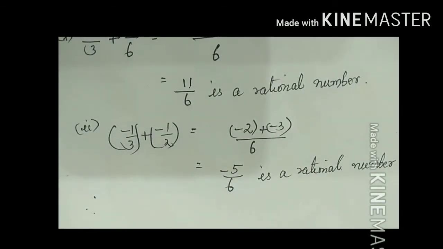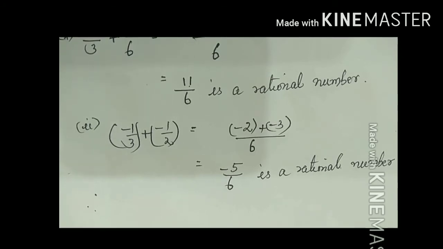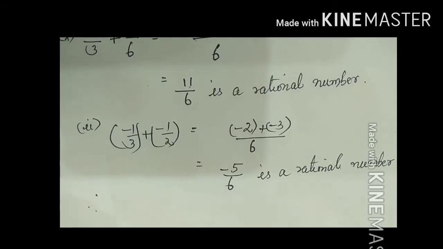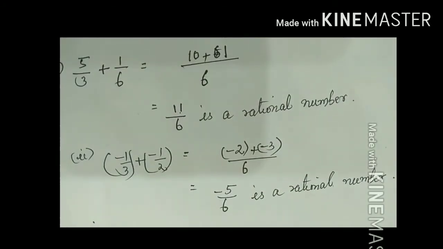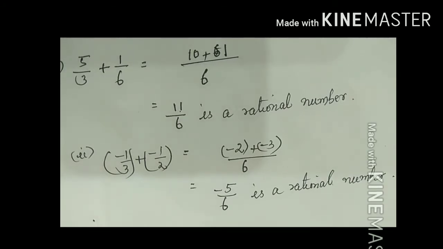Therefore, we can say that for any two rational numbers P by Q and R by S, their sum, which is P by Q plus R by S, will also be a rational number. So we can conclude that the operation of addition on the set of rational numbers is closed.